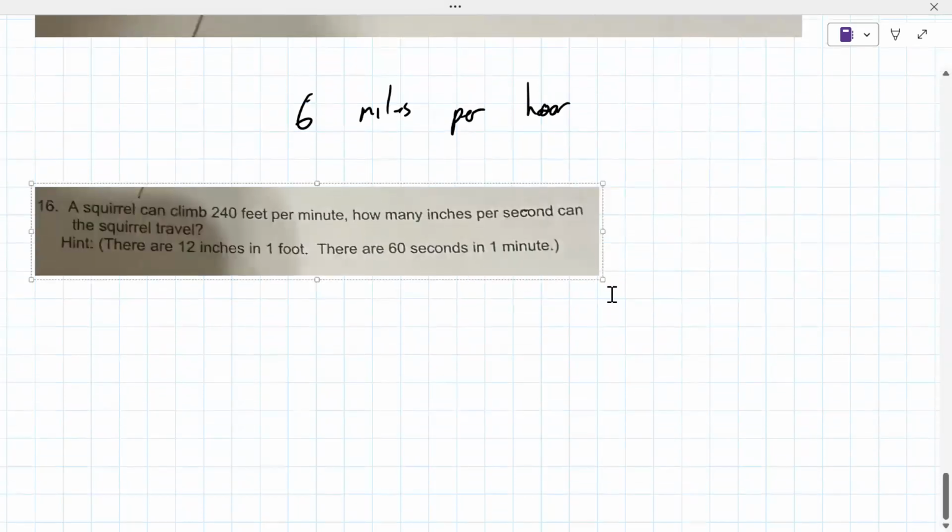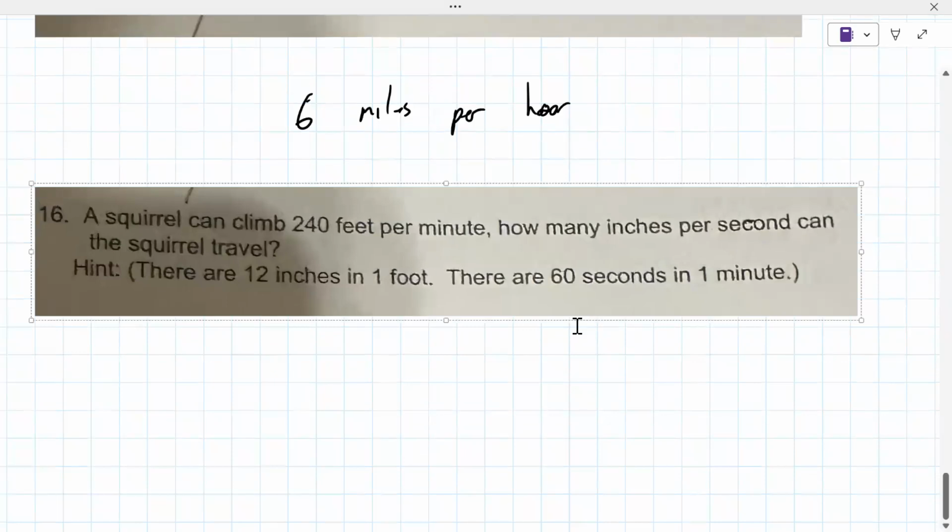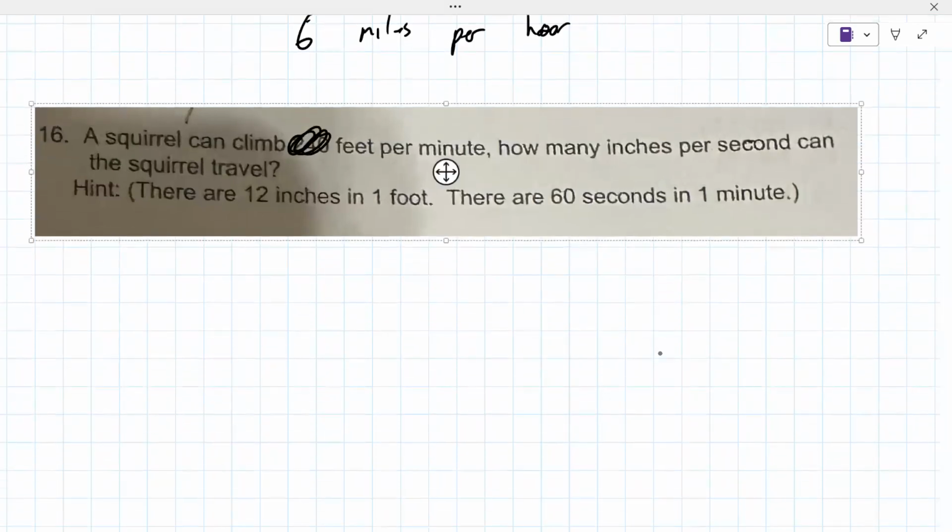All right. Squirrel can climb. Let's change this up here. Let's go 900 feet per minute. So how many inches per second can a squirrel travel?